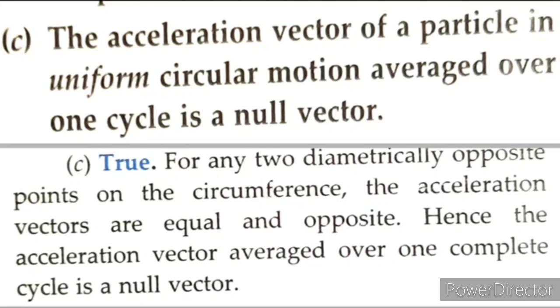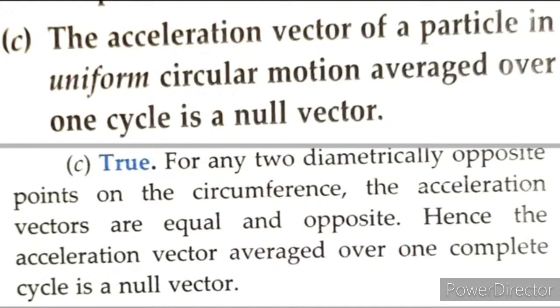Always the acceleration vector in uniform circular motion has the same magnitude. Because of the symmetry of the motion, for diametrically opposite points, the acceleration direction will be opposite. For each point on the circle, there will be a diametrically opposite point. That is the symmetry of the circle.